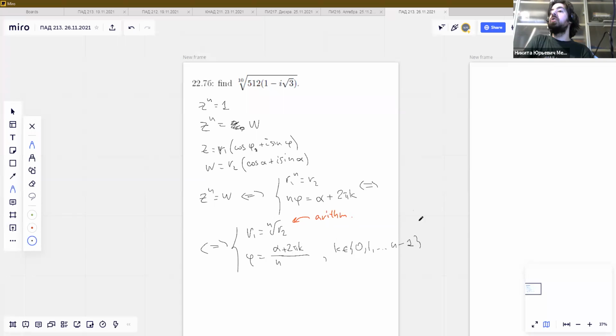So this is the general formula. For any non-zero complex number w, because 0 doesn't have a trigonometric form, we can find the root of the absolute value, and we can divide the argument by n. So the general formula looks as follows.